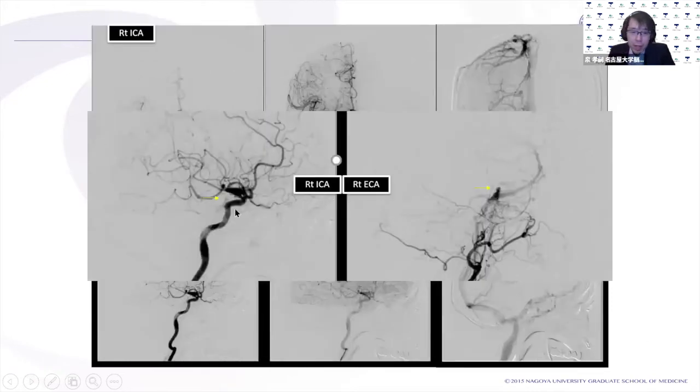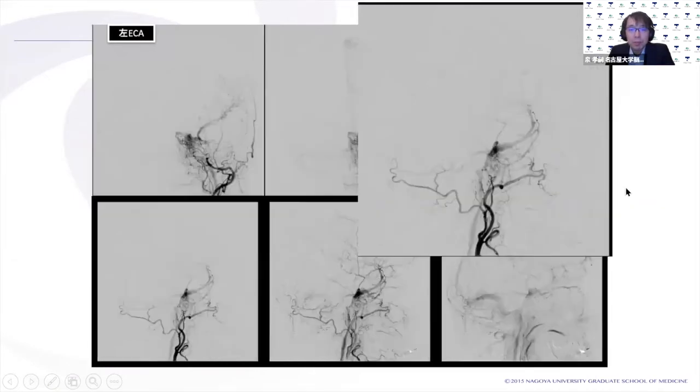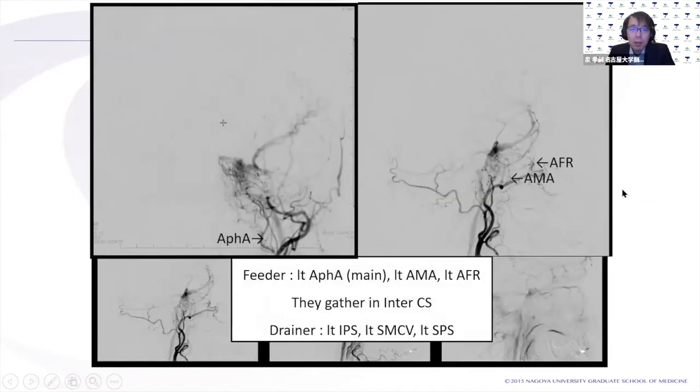Here is the right ICA, lateral view. At first, this structure in the early arterial phase. This structure is the same as here, like the ECA structure. And here is the left ECA, AP view and lateral view.